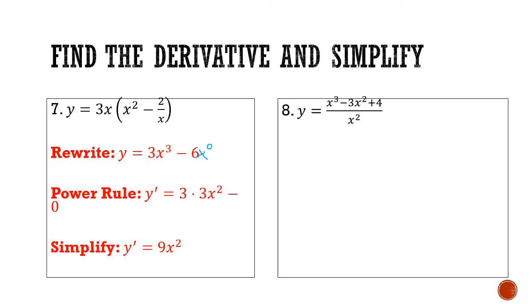So x cubed divided by x squared, minus 3x squared over x squared, and 4 over x squared. And when you do that, x cubed divided by x squared is x. Negative 3x squared over x squared is just negative 3. And 4 over x squared, I'm going to move the x squared to the numerator, and that's what makes it x to the negative 2.